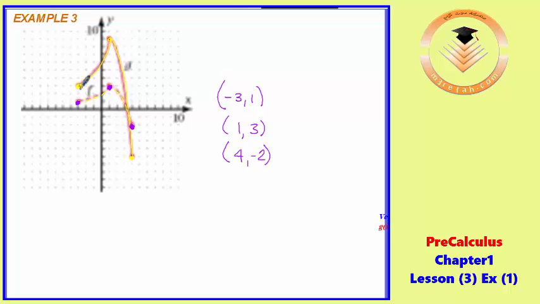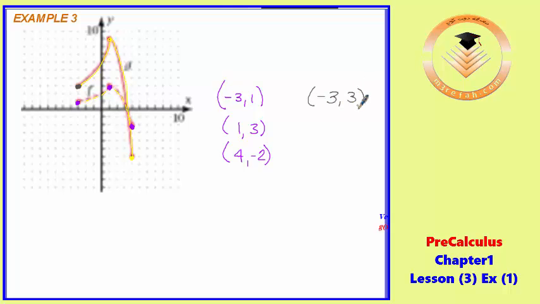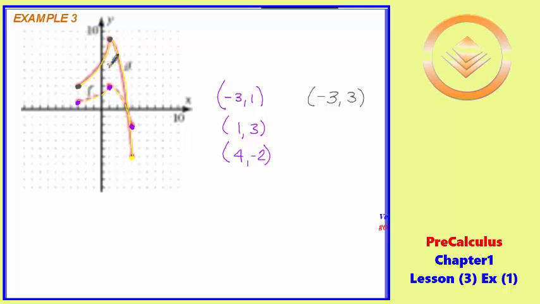Our other graph here has points. This is the first one: negative 3 and 3. For the next one, which is above, I'm sorry, that's 1 and, counting 1, 2, 3, 4, 5, 6, 7, 8, 9, so 1 and 9.